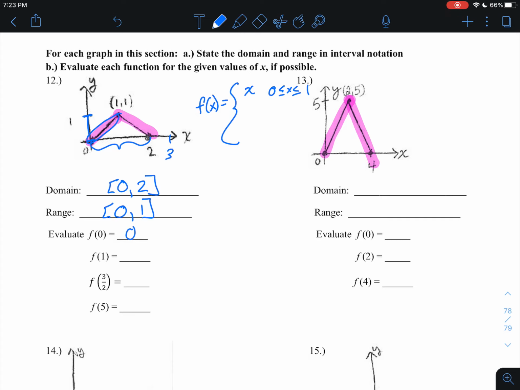If we look at the second part of our piecewise function, this interval from 1 to 2, now we have to figure out what the rule is for this.